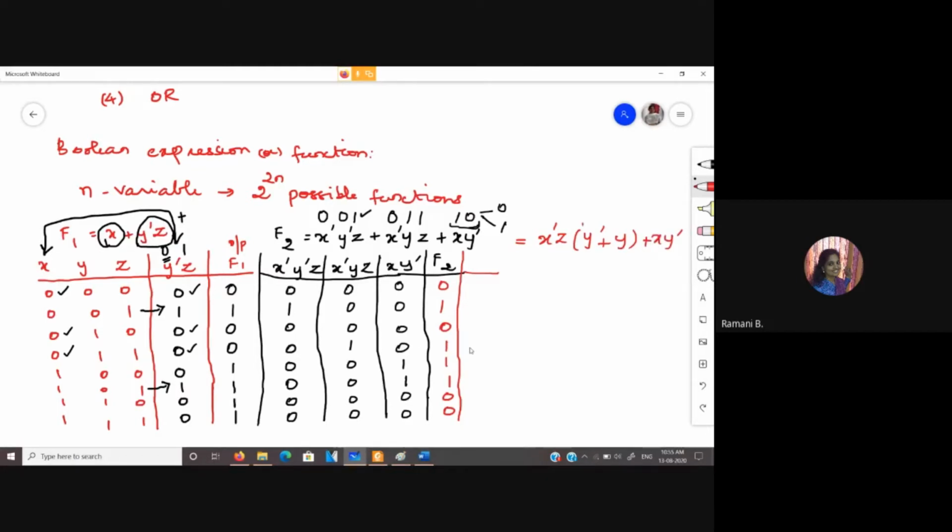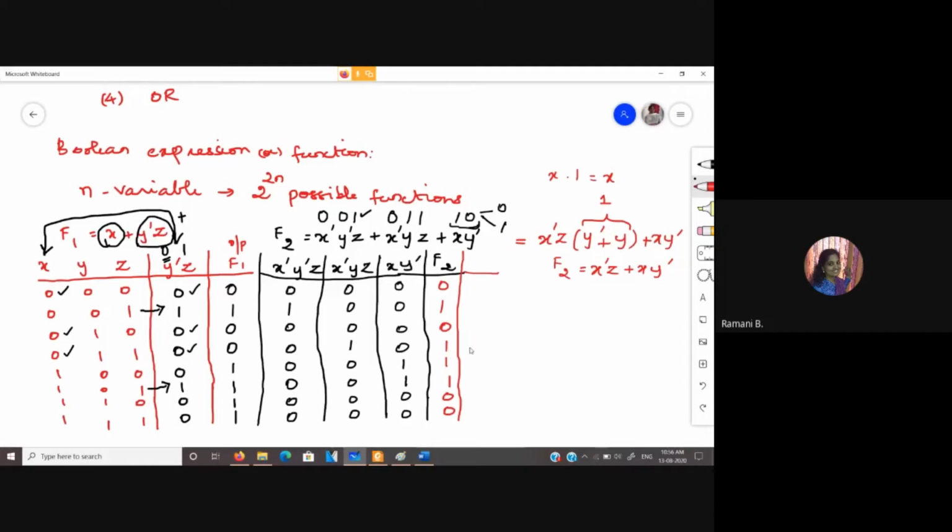From the postulate, we know y plus y bar is equal to 1. This is from the complement. And we also know that x into 1 is equal to x. So our expression F2 can be simplified as x bar z plus x y bar.